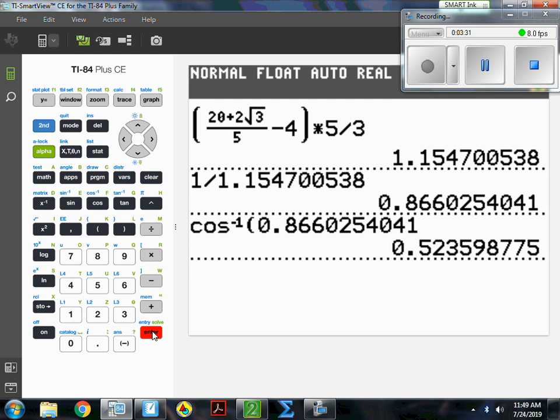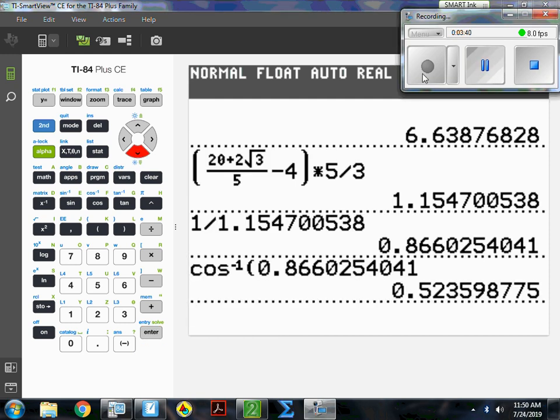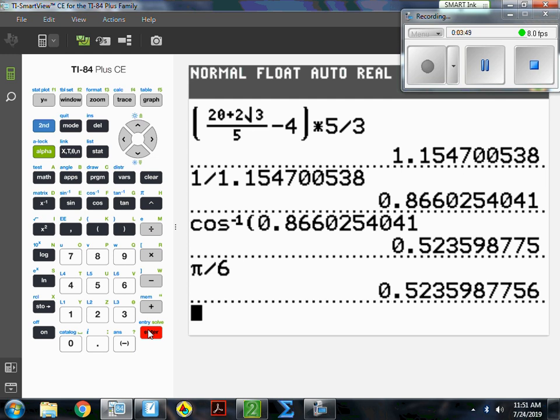And I get 0.52359 radians. 0.52359 radians. I do think that's pi over 6. I can check that. And it looks to be pi over 6.